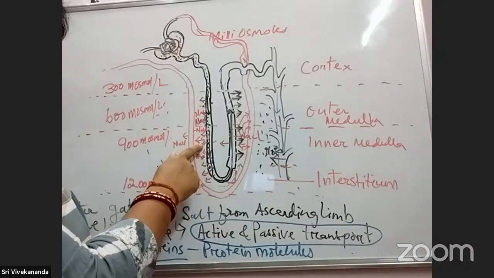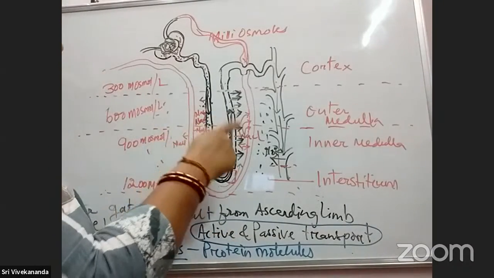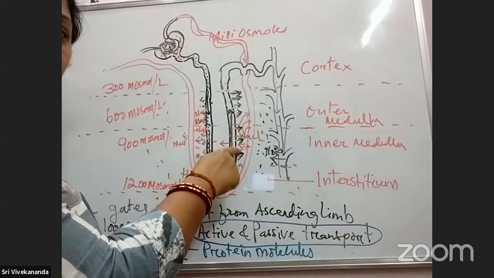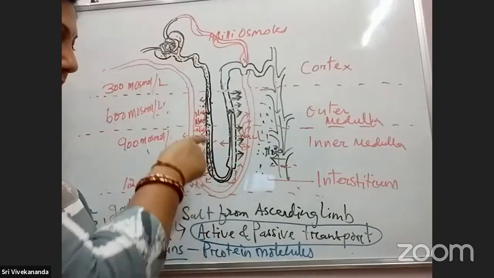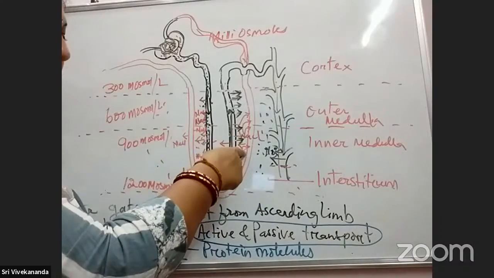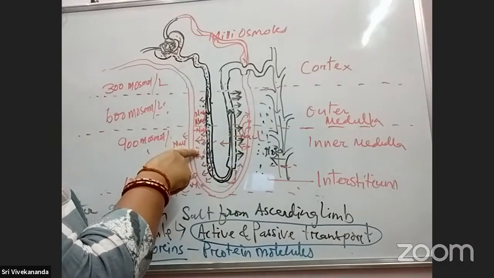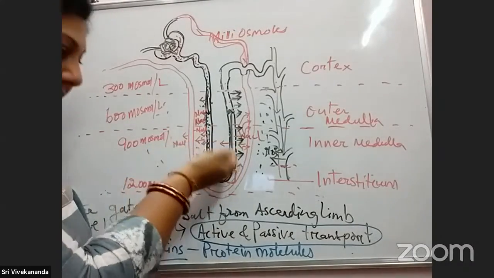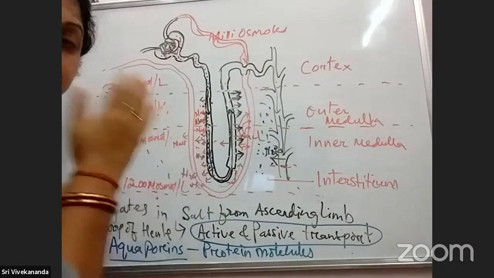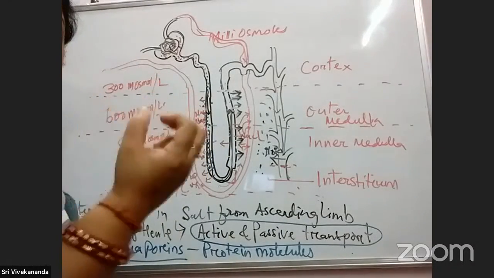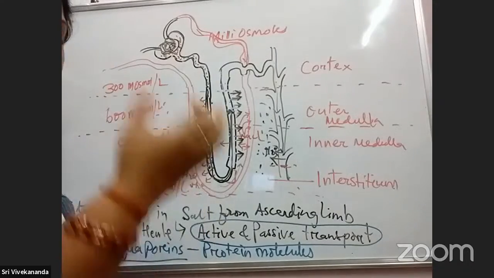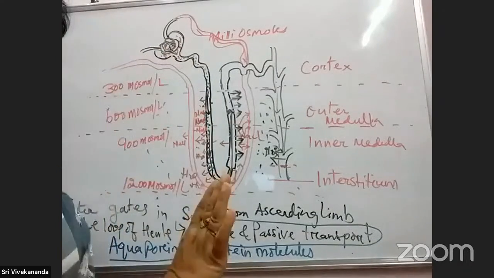This can release only water, this can release only salt. Right? But for this water, we need this salt to be present here. For the water to come out, for release, the descending limb can release water. It is permeable to water.